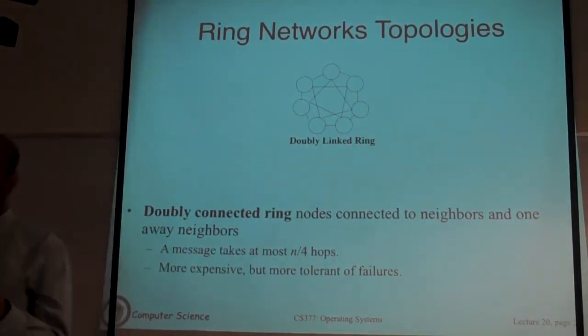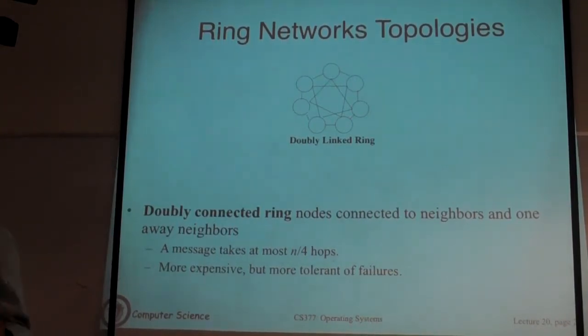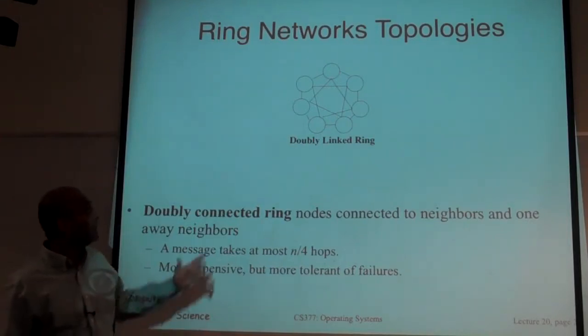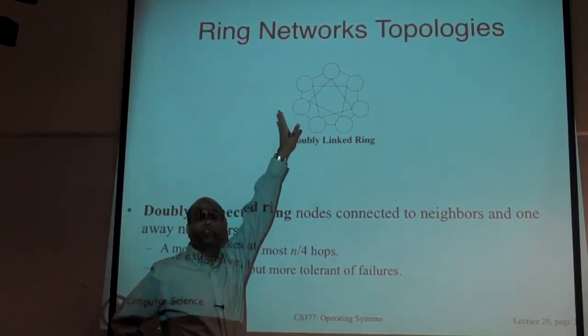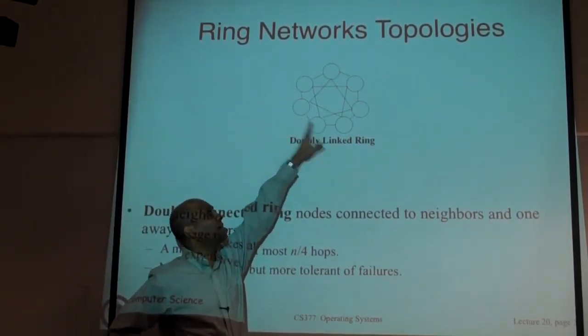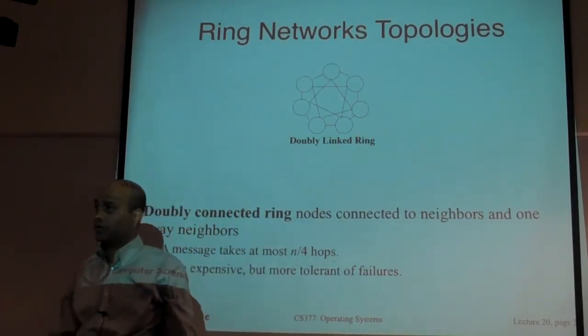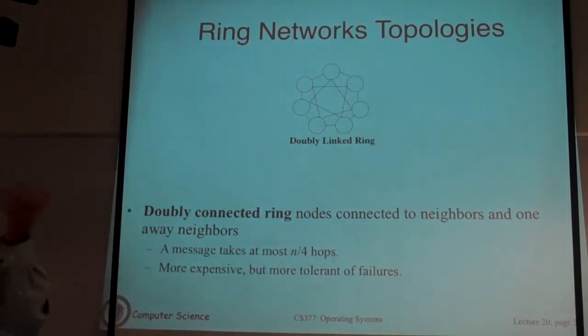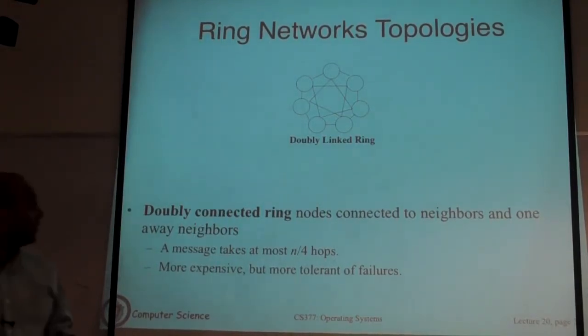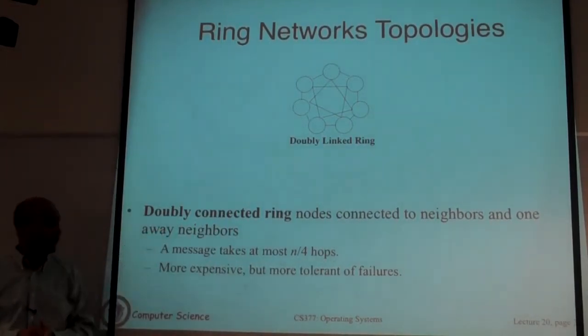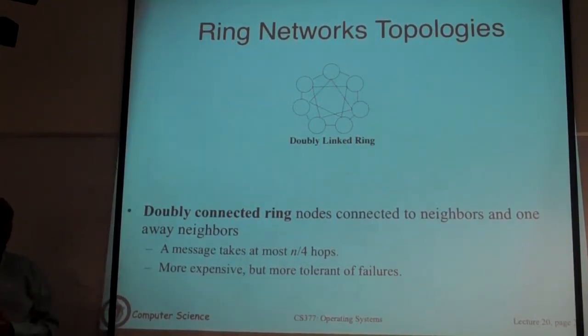If two adjacent neighbors both go down at the same time, your network will get partitioned. But on average, if random nodes fail, then you can still tolerate those failures by hopping over those links and sending a message directly to your neighbor's neighbor because your neighbor is down. So that's one advantage of a doubly connected ring: it is more tolerant of failure.